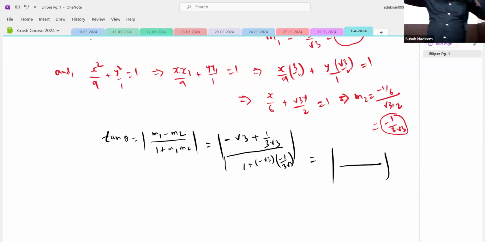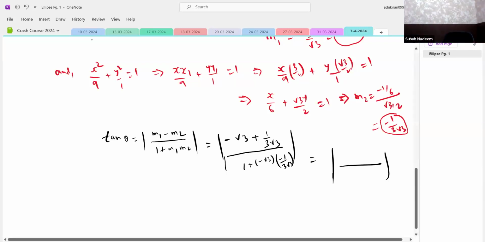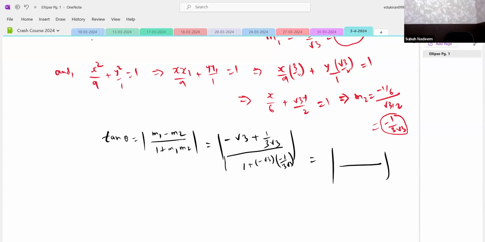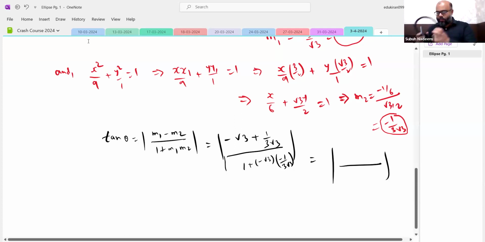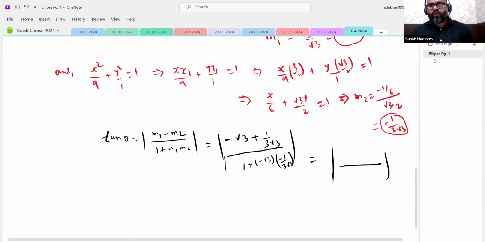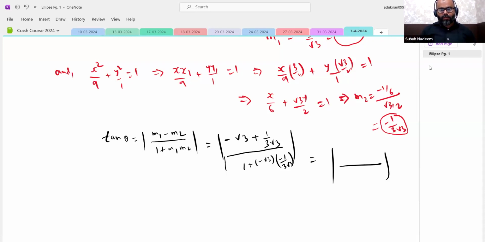When we calculate this, minus root 3 into 3 root 3 will be minus 9, plus 1.